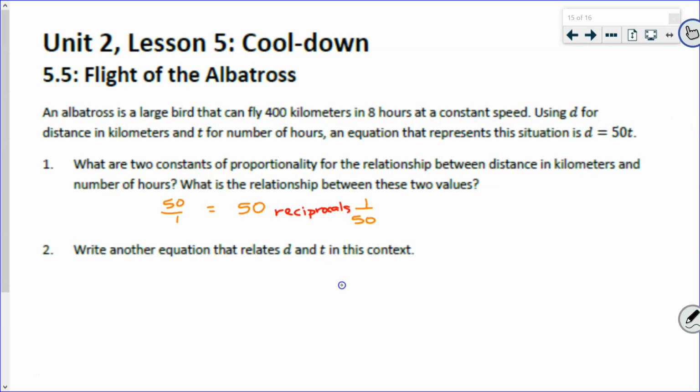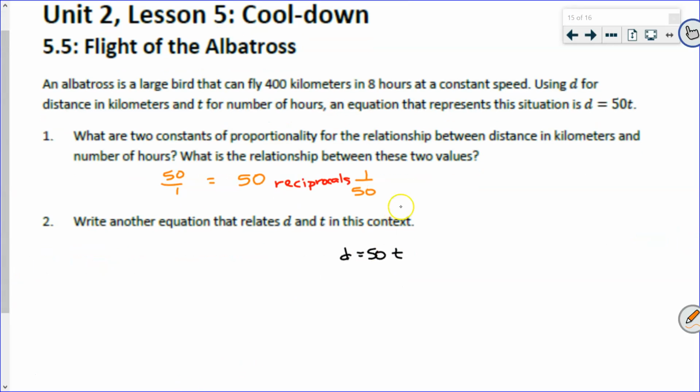So we already have one equation, d equals 50t. I want you to write a separate equation. We already know what the constant of proportionality is supposed to be, right? What is that equation? I need to change the constant of proportionality to the reciprocal. But as we have mentioned, that's not the only change.